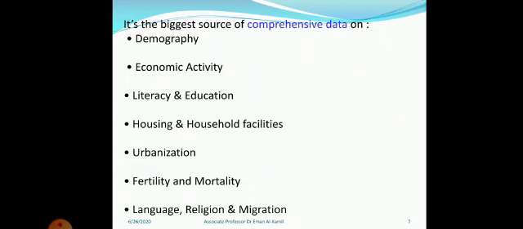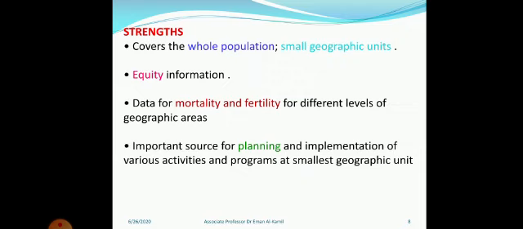It is the biggest source of comprehensive data on demography, economic activity of the people, literacy and education, housing and household facilities, urbanization, fertility and mortality, language and religion, and migrations. There are certain strengths and certain limitations.